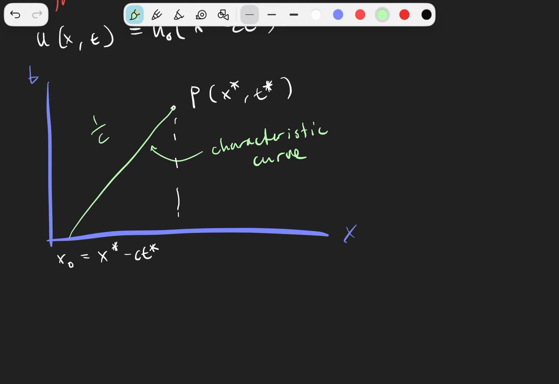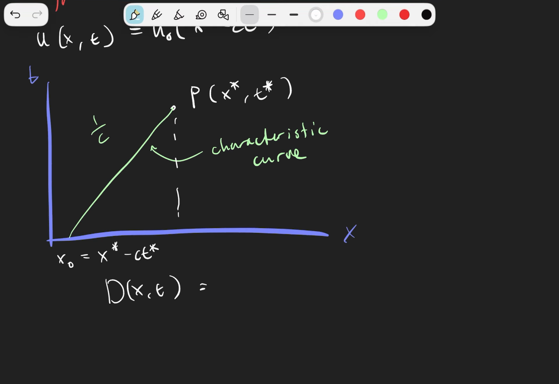Now, why is this important to understand? It's because the value at some x of t, right? Let's say this here is the domain of dependence. It would simply be, let's call it d of x of t.